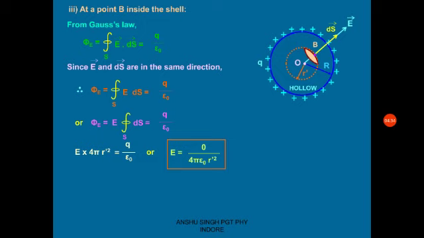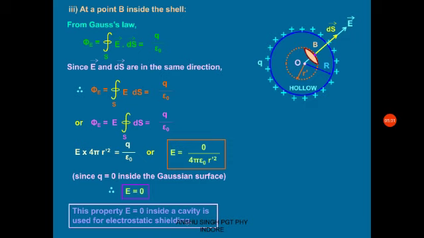There is no charge enclosed in the Gaussian surface. इस Gaussian surface के अंदर कोई चार्ज नहीं है, और जब चार्ज एनक्लोज्ड ही नहीं है तो RHS में ये क्या हो गया? 0. What does this indicate? That there is no electric field intensity at a point inside the charged shell. E is 0.